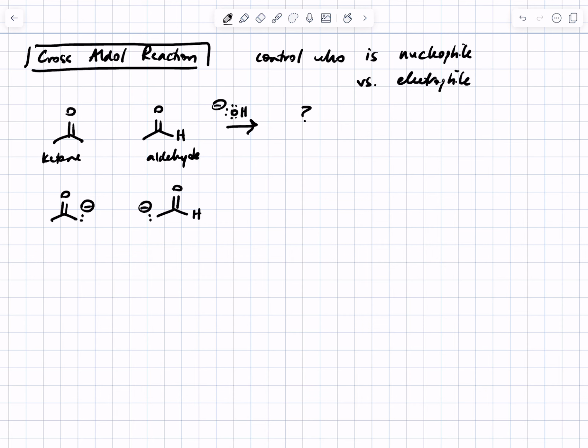So I'm going to label the ketone in purple, not because that's our color for nucleophiles, just because I need a color to keep track of the carbons that came from the ketone. And we're going to label in orange the carbons and stuff that came from the aldehyde.